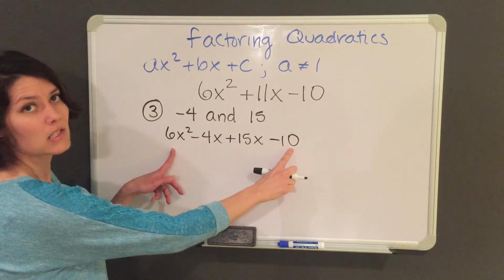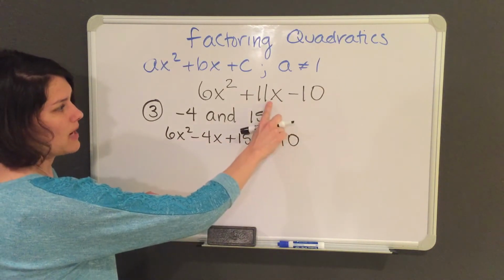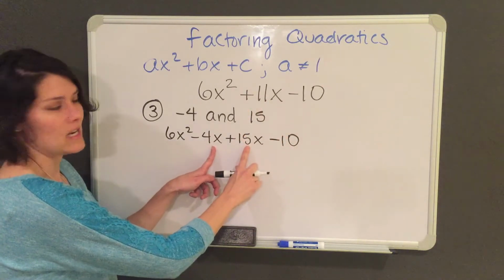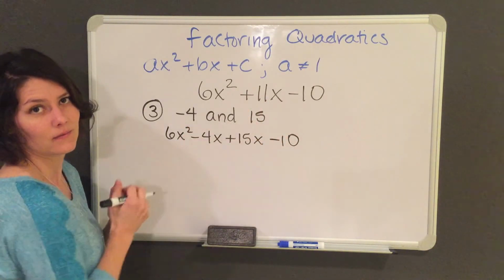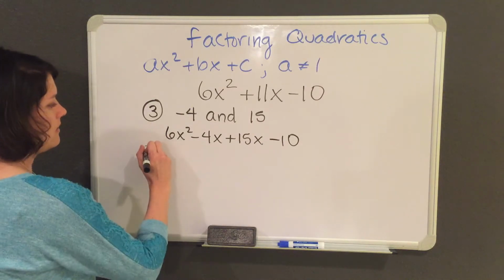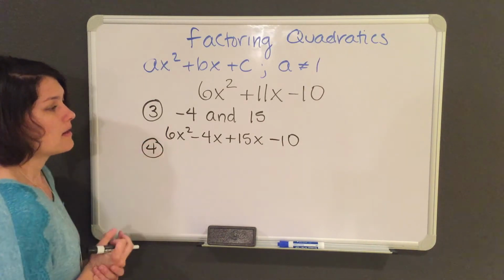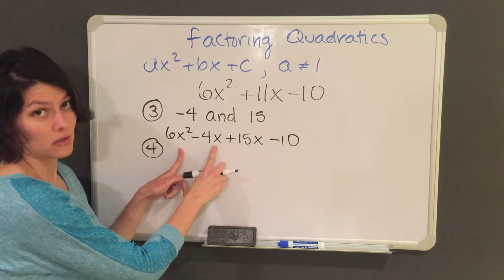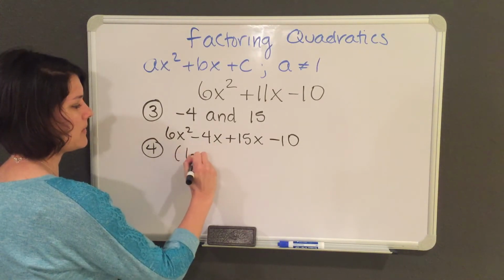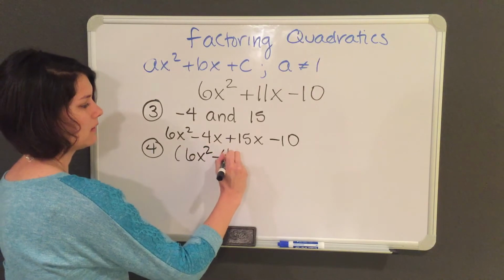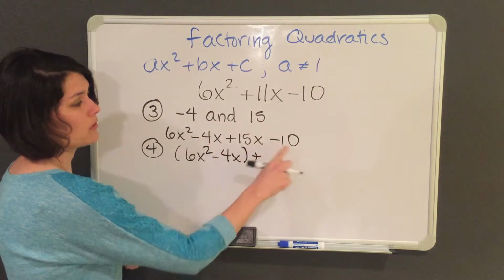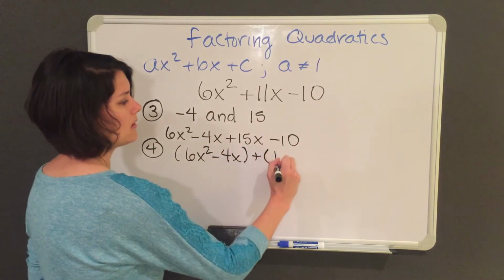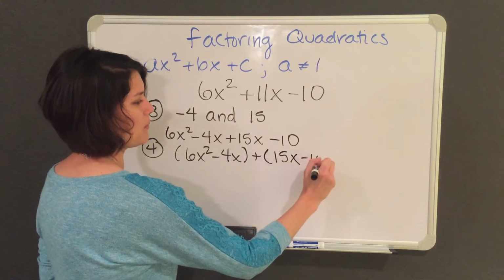My first and last term didn't change, but my middle term was changed to my two factors. Okay. On step 4, now I'm going to group these terms together. I'm going to group my first 2 terms by putting them in a parentheses, and then I will group my last 2 terms by putting them in a parentheses.